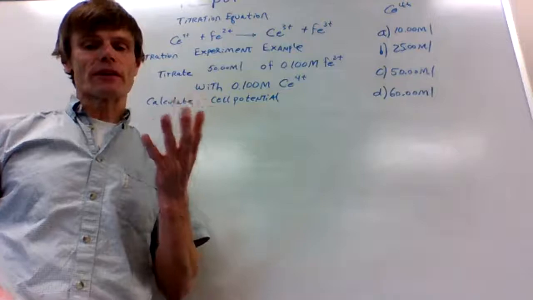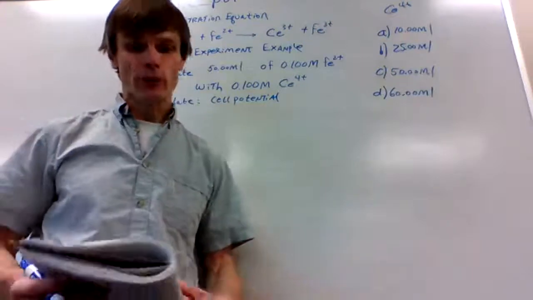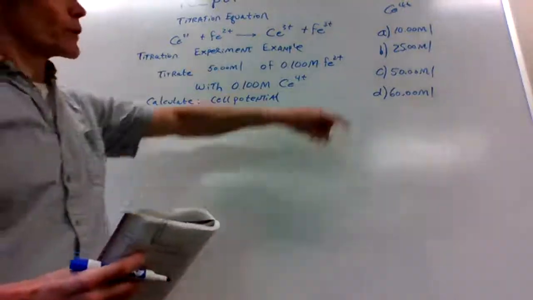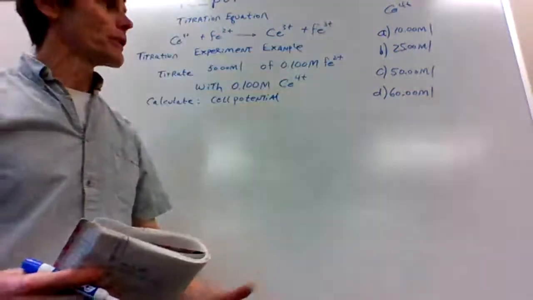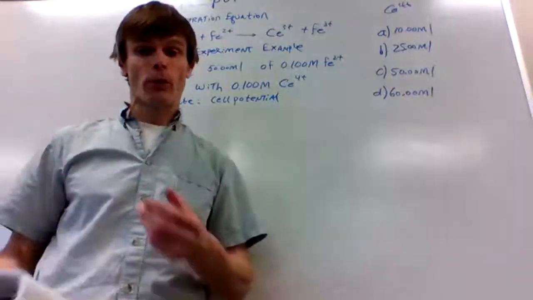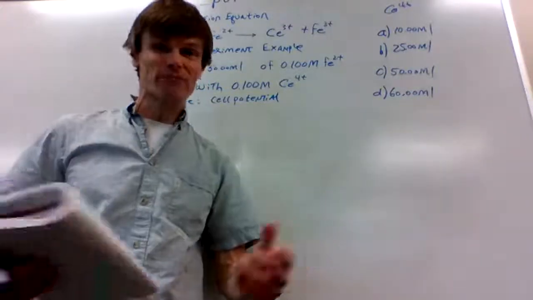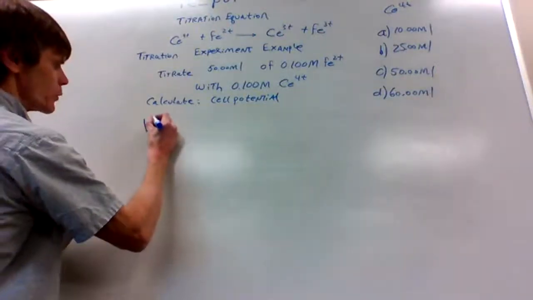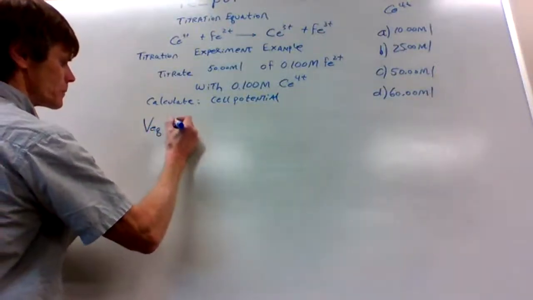Hopefully people are starting to think of what's a good first step to do. I gave you enough information to find out, when we're using these different volumes, what region are we in? Are we before the equivalence point? Are we at the equivalence point? Let's find out what the volume to get to the equivalence point is.